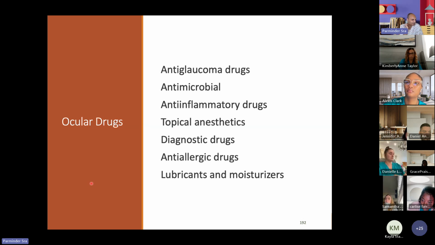Okay, now we know it. If more than one eye drop, space them out by 5 minutes. The reason is, if we do it too quickly, we're not allowing the drug to be locally absorbed. We're just washing it out. So we need to give enough contact period for local absorption of the drug.